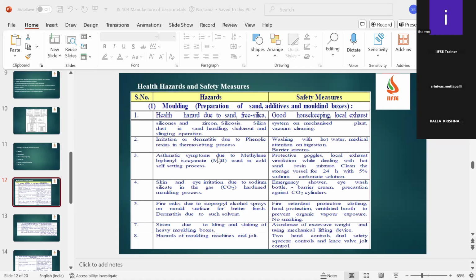Then exposure to the lifting and shifting activities, and also molding machines, because for the heavy castings, more than a ton or above, they use sand reclamation machines or sand dispensers, where a machine will come and simply dump, like in rice harvesting machines.